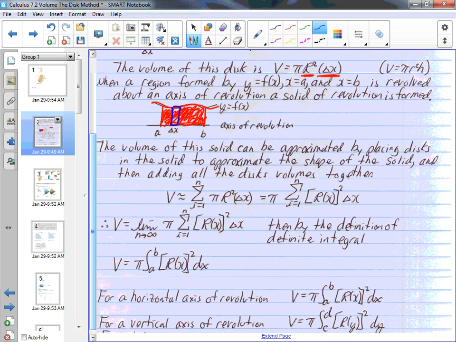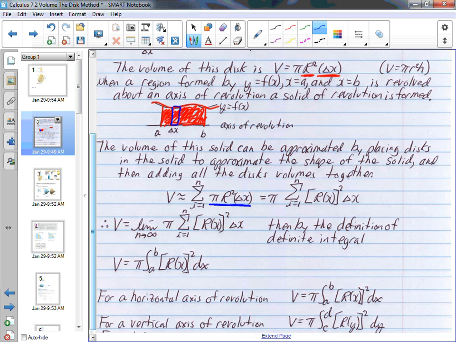Now, it gets mathy here, but the volume of this solid can be approximated by placing discs in the solid to approximate the shape of the solid, and then adding all the disc volumes together. So, that's the volume of one disc, right? Pi r squared h.